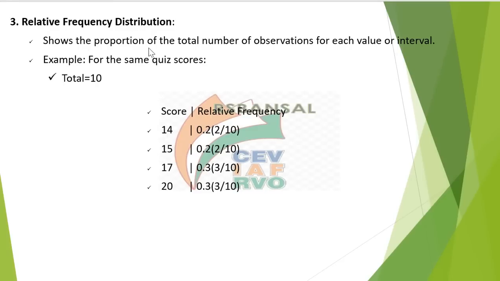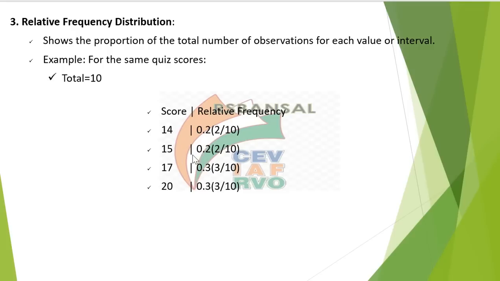It shows the proportion of the total number of observations for each value or interval. So the total number of students was 10. So out of 10 students, 0.2 have scored 14 marks.